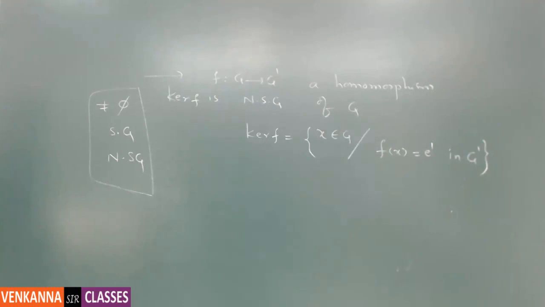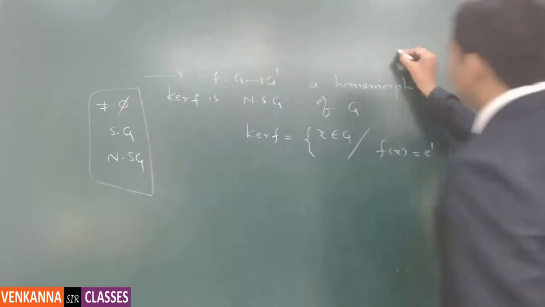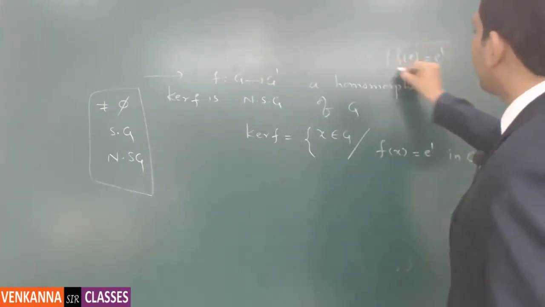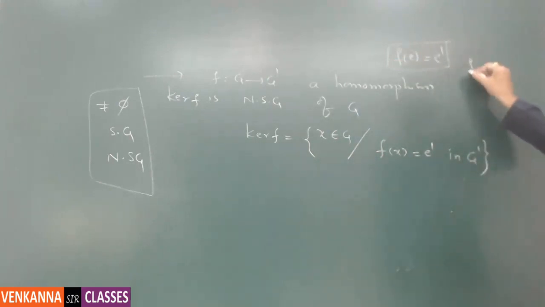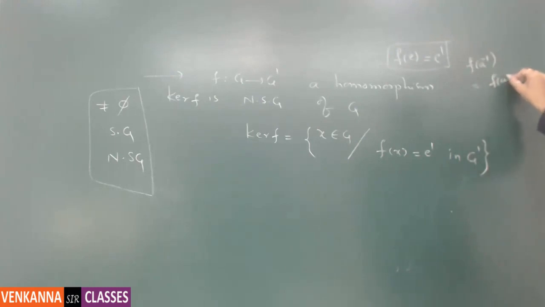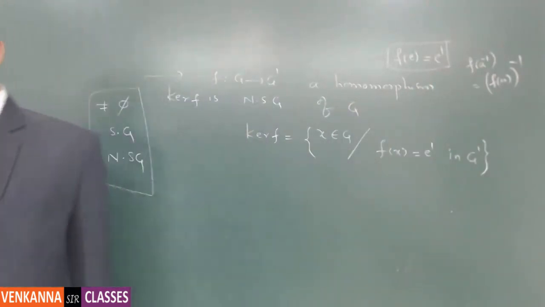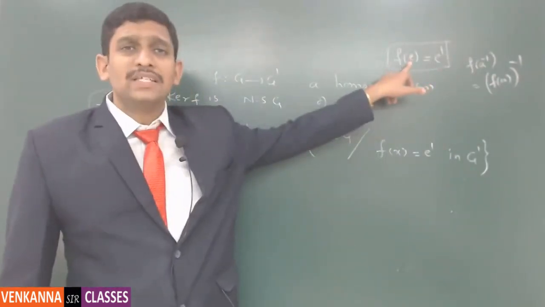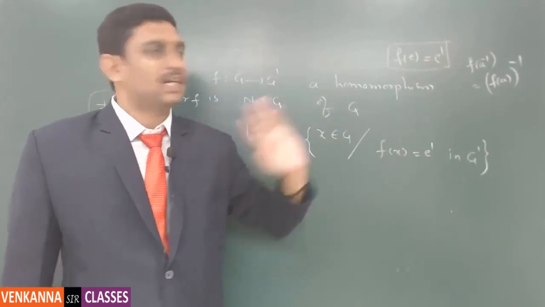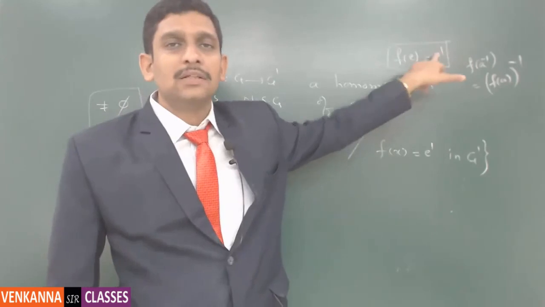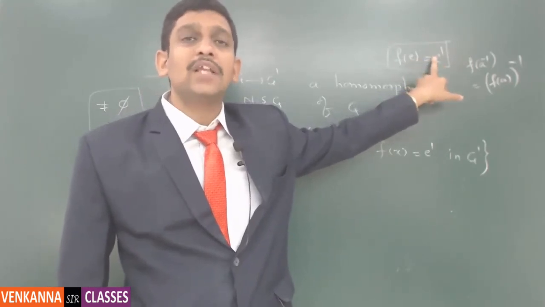So why? Because in the beginning of the session, I have mentioned a result that always image of identity is identity. That is one result I have mentioned. And image of the inverse is equal to image whole inverse. So as per the result considered, always you will get one element in the kernel, because here E stands for identity in the domain, E dash stands for identity in the codomain.